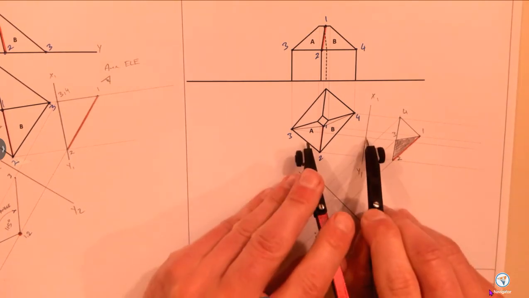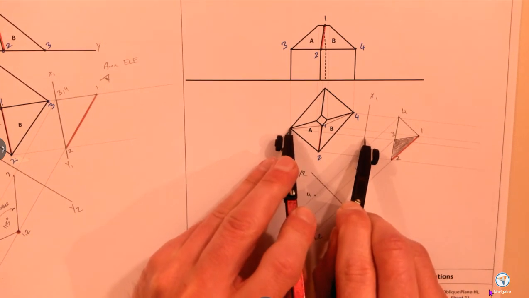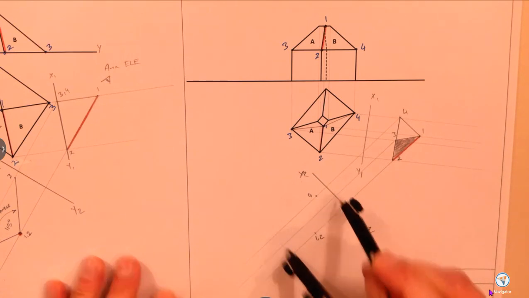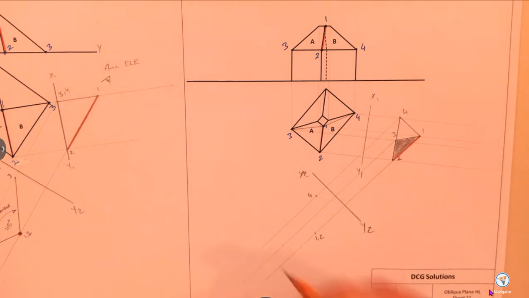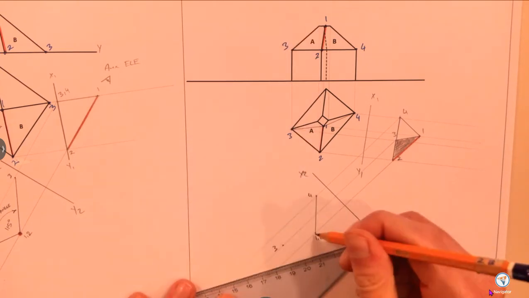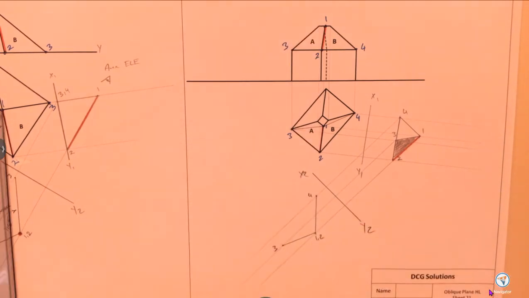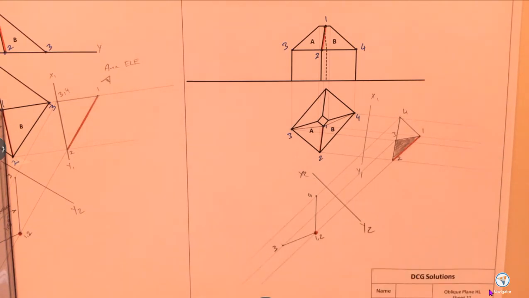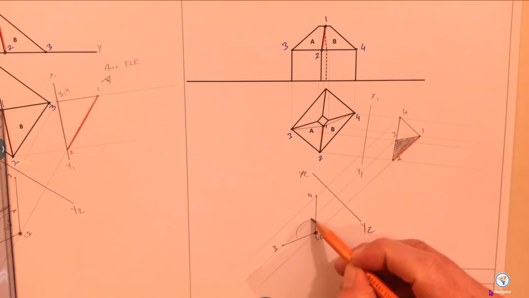Last one, distance from my x1, y1 line to 3. Again, it's in plan. And I follow out 3, and I find it. And I get my surface 1, 2, 4 and surface 1, 2, 3 with my point view of the line, and my dihedral angle is here.